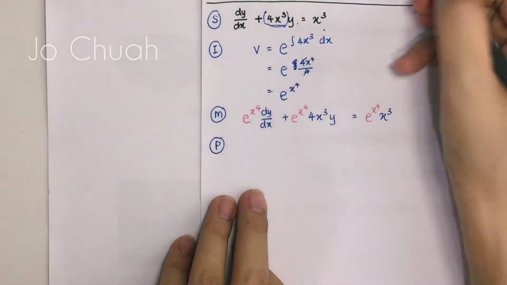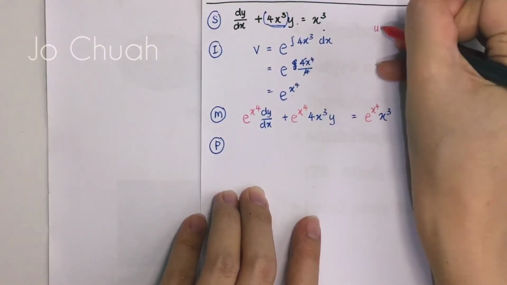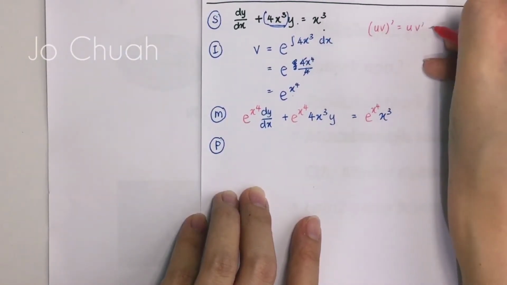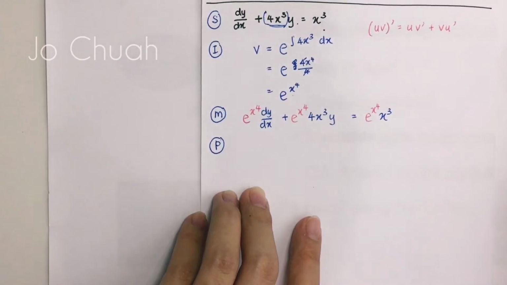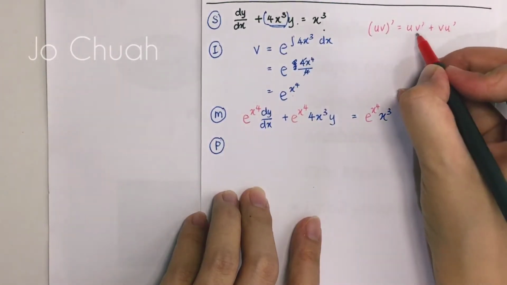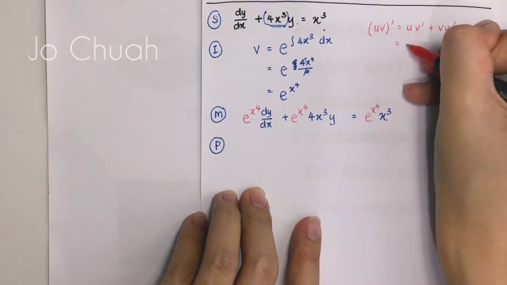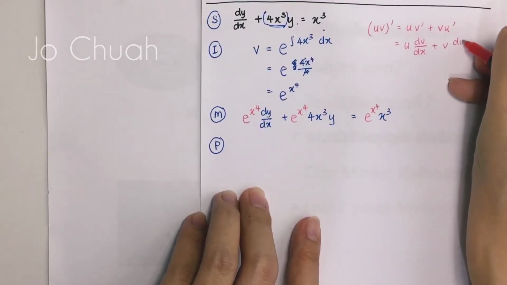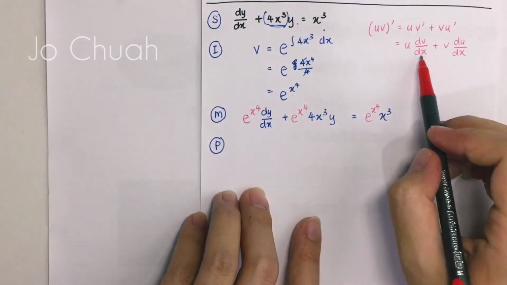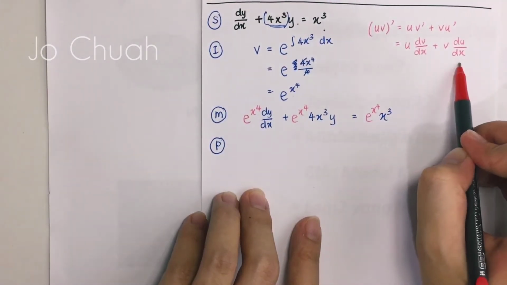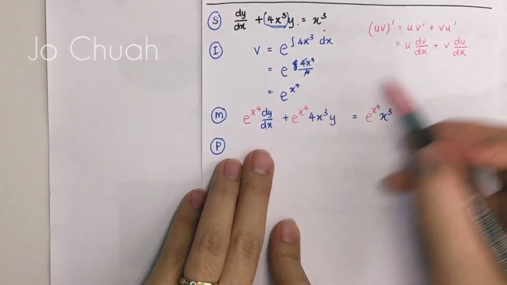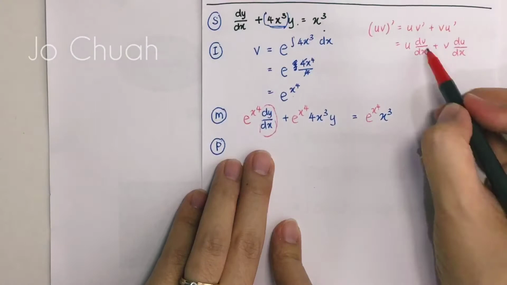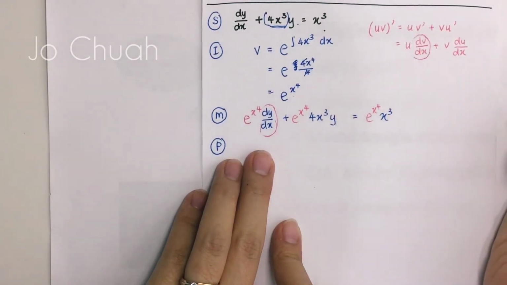Alright, next step is the product rule. Product rule means when you have uv and you differentiate them, you're gonna have uv prime plus vu prime. Alright, so in this case, this is actually u dv over dx plus v du over dx. You know that one of them is gonna be the differential. In this case, you can search here, and this is actually this one, right?